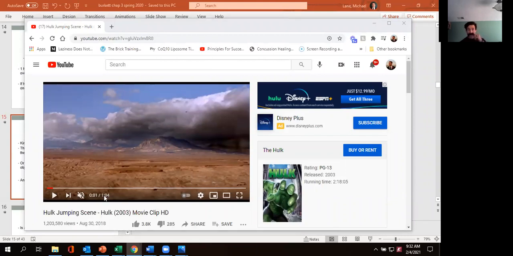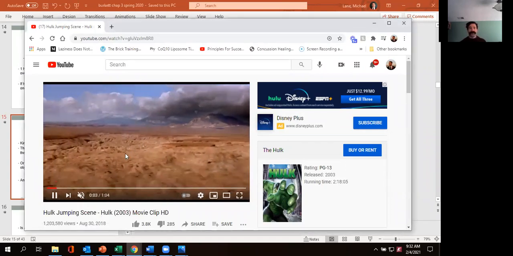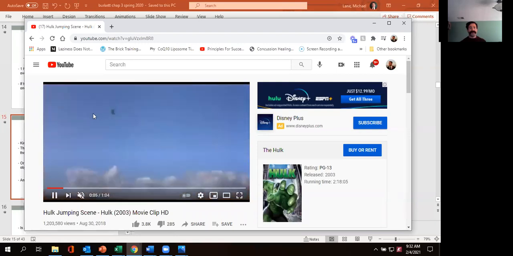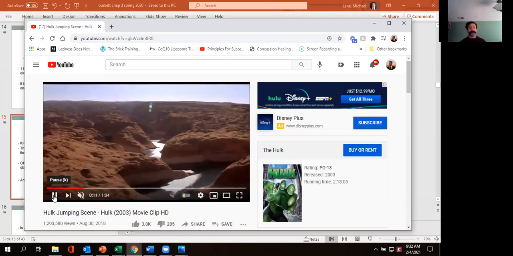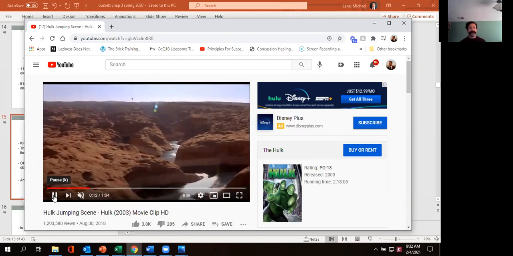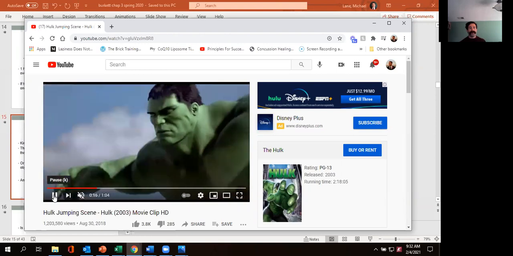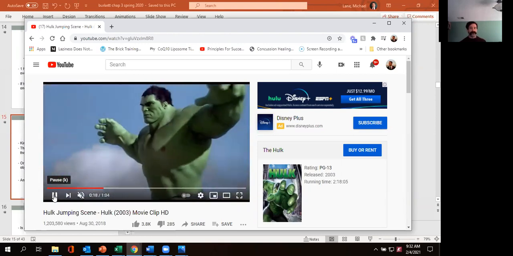So the scene is the Hulk lands, jumps again immediately, hits the apex of that jump, lands, jumps again immediately, and so on and so forth. And yes, look at that CGI from the early two-thousands, guys.